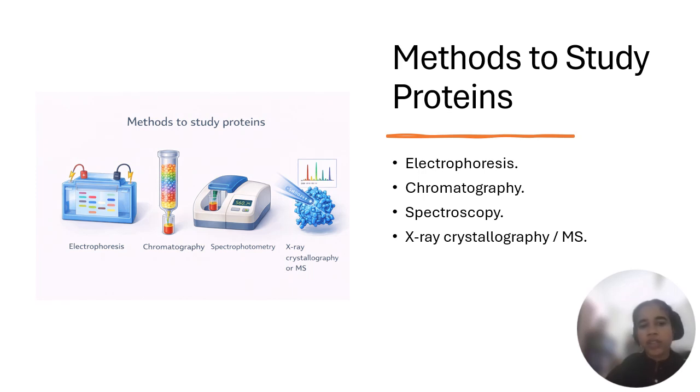This technique measures how much light a protein solution absorbs, so it helps us determine protein concentration quickly and accurately. Finally, for detailed structural information, you use advanced methods like X-ray crystallography or mass spectrometry. These techniques allow us to see protein structures at atomic resolution or determine their molecular weight and composition.